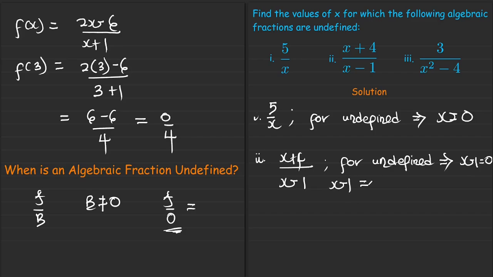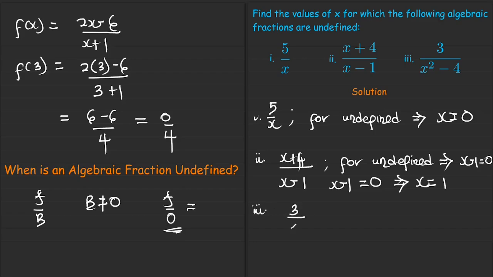So if x minus 1 is equal to 0, solving further, it simply implies x is equal to the negative 1 moves to the other side to become a 0 plus 1. You know 0 plus 1 gives us a 1. So therefore, we conclude by saying our function x plus 4 over x minus 1 is undefined if x is equal to 1. Then let's look at the last one.